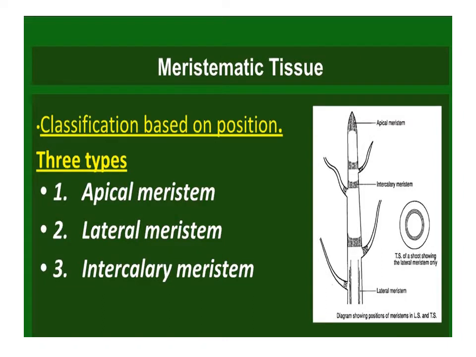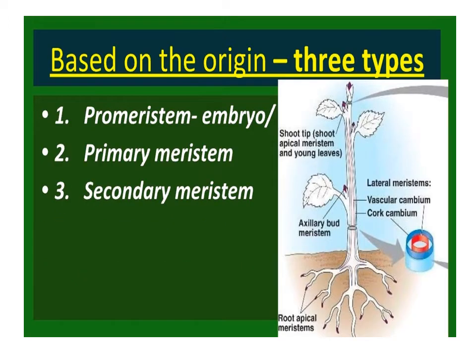Classification based on position: there are three types: apical meristem, lateral meristem, and intercalary meristem. Based on origin, they are of three types: promeristem, that is embryo, primary meristem, and secondary meristem.